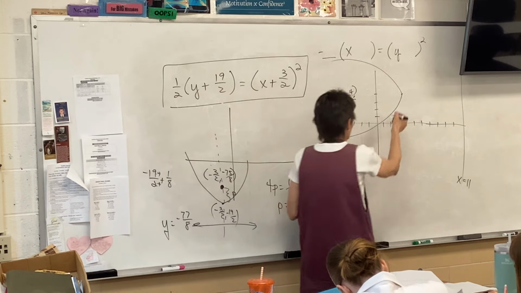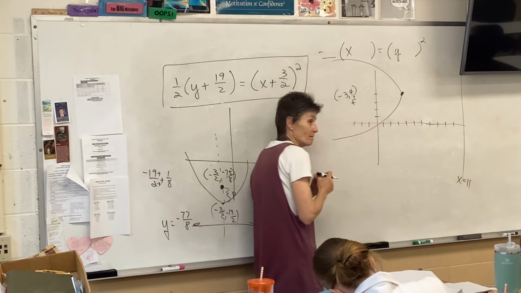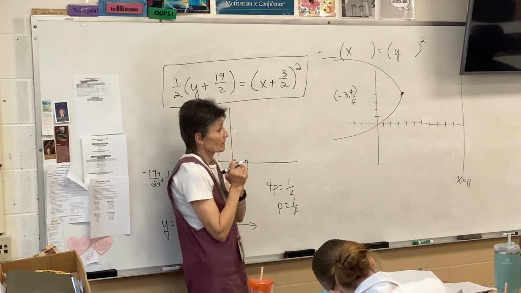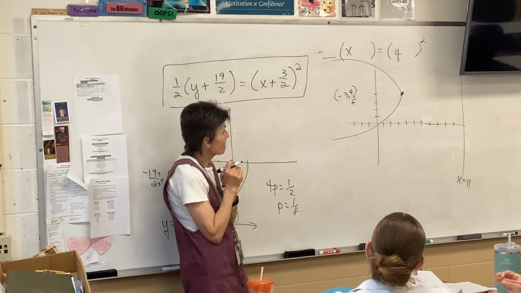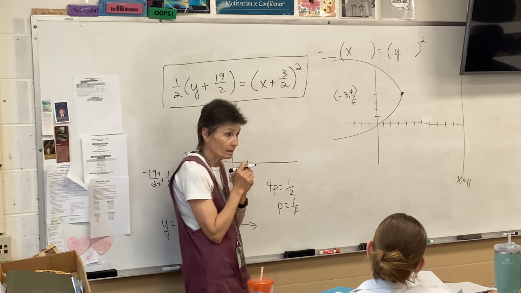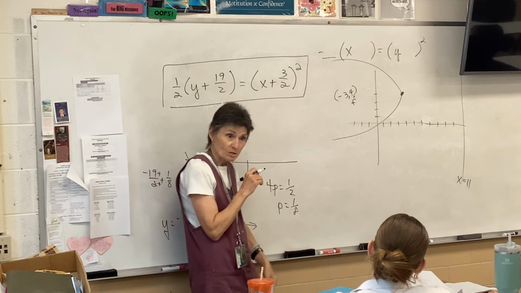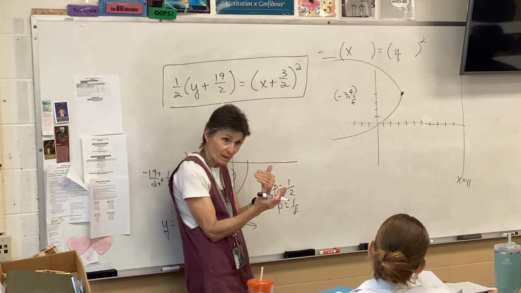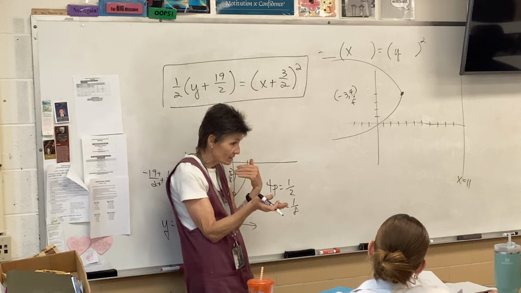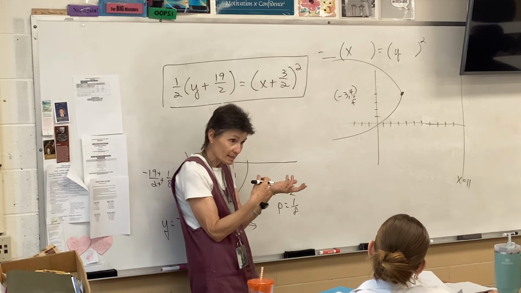Now, I just randomly popped this point up here. There would be my vertex, right? Can we figure that out? It's in the middle of -3 and 11. So we average those. To find the middle, we average. So -3 and 11 is 8. Half of that is 4.